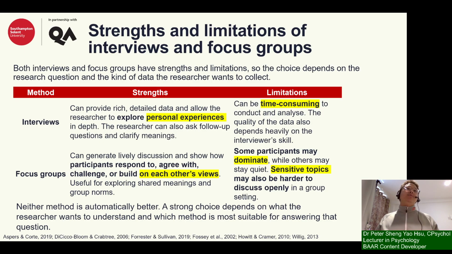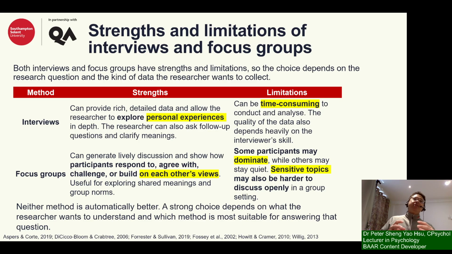Qualitative research is useful when researchers want to understand meanings, perspectives, and experience. In the context of mature students, this might mean exploring how students balance their academic work with employment, childcare, caring responsibility, financial pressure, or confidence in returning to education.